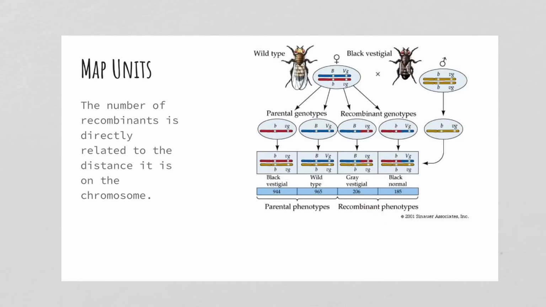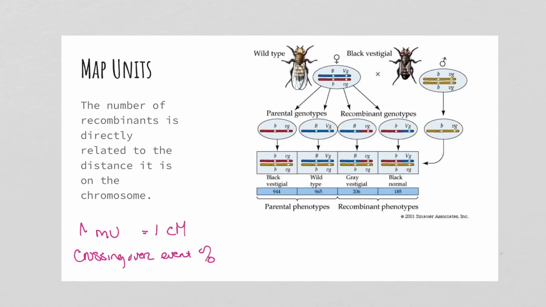Does that make sense? So basically, the number of recombinants is directly related to the distance on the chromosomes. And one map unit is going to equal the crossing over events, or the percentages, basically. And one map unit can also be represented as one centimorgan, named after Thomas Hunt Morgan, who first did a lot of the work with fruit flies.